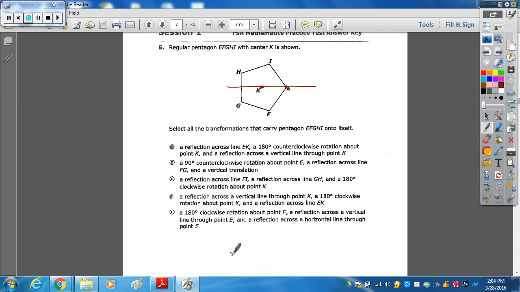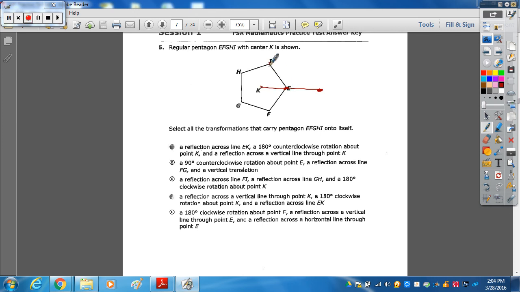So 180 degree clockwise rotation about point E. Well, if we look at this one, point E, 180 degrees. If I go with, well, let's just do this right here. 180 degrees, clockwise or counterclockwise, it doesn't matter, it's going to remain in the same spot. So there's point K, obviously not back onto itself.